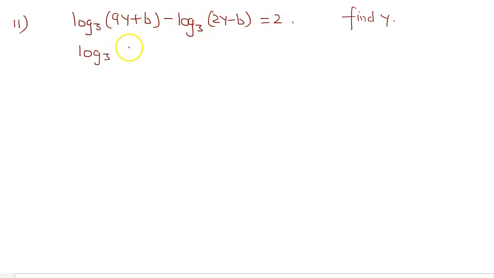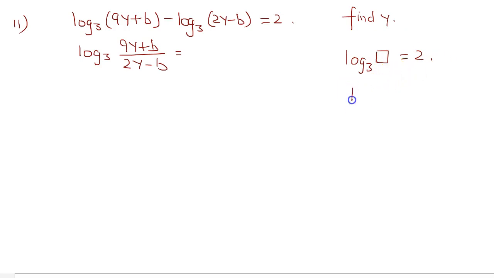So log base 3 of (9y + b) over (2y - b) is equal to 2. Now we have to write this 2 in the form of log base 3 of what is equal to 2.